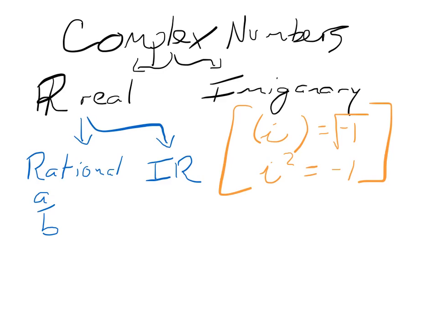Any number that can be represented as a fraction, even if it's something like 1/3, that's 0.333333 repeating, it's still a rational number because it can be represented as a fraction, whereas the number pi can't. The other number that can't be represented as a fraction would be, say, the square root of 2. That also can't be represented as a fraction.